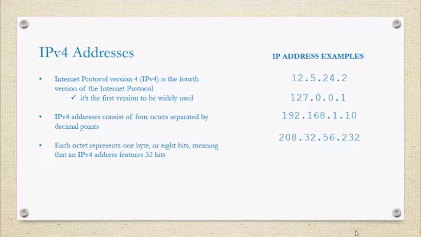We have 4 different examples here on the right, and each has 4 octets. Now, each octet is separated by a decimal point. You may refer to this as a period, but call it a decimal point for this sake. Each octet represents 1 byte or 8 bits, meaning that the IPv4 address features 32 bits.